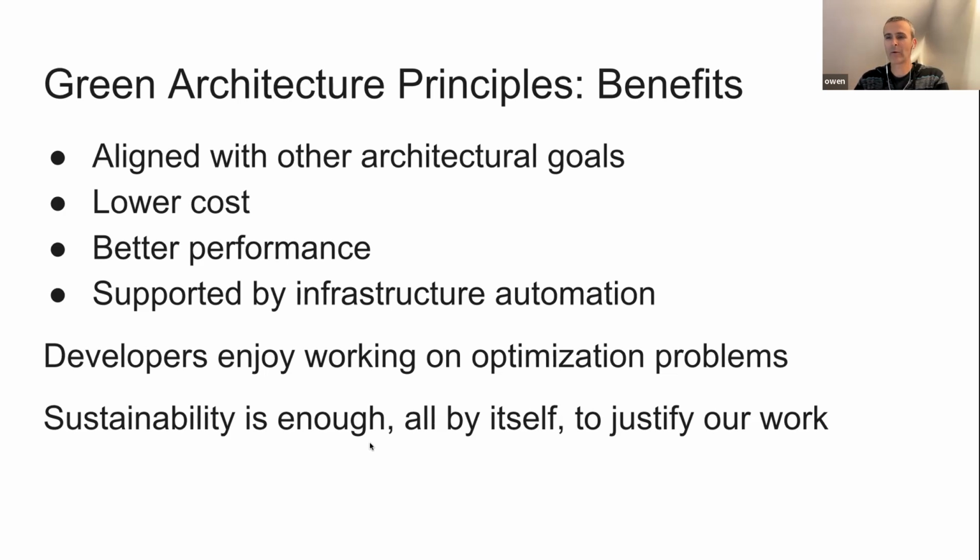I mean, we all like working on optimization problems, and trying to optimize and minimize the carbon footprint of the site that you're working on is quite a rewarding activity. And so I'm giving these as examples of ways in which you can justify doing this type of work. But really, sustainability shouldn't need additional justification, especially given the crisis that's in front of us.